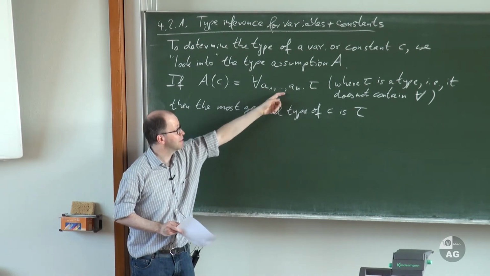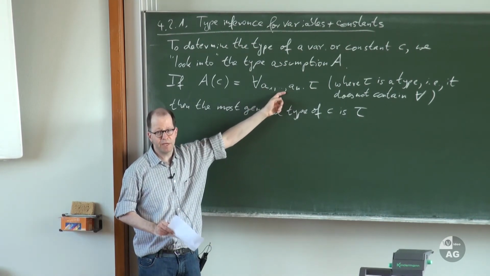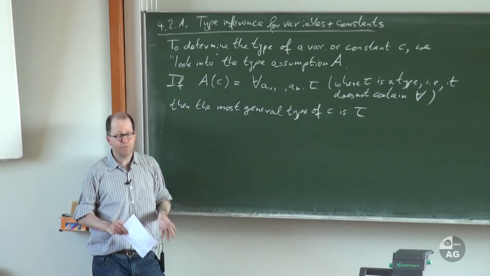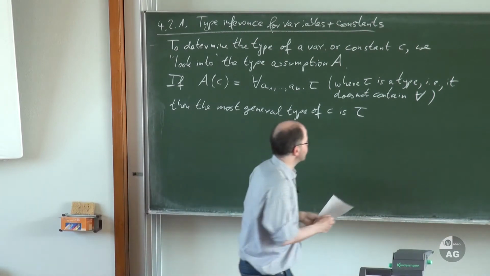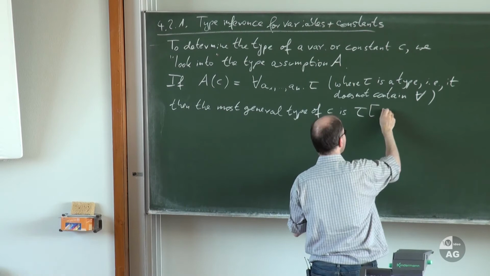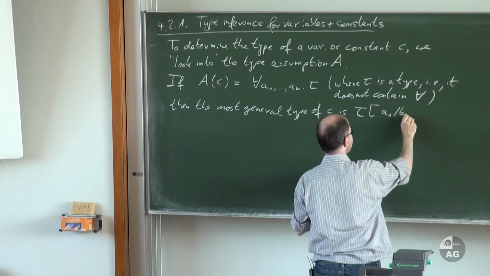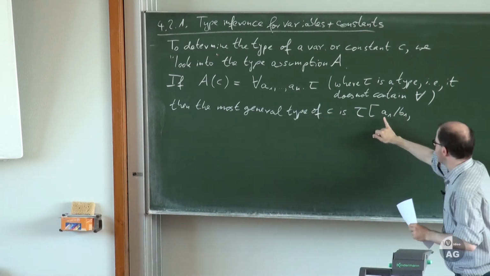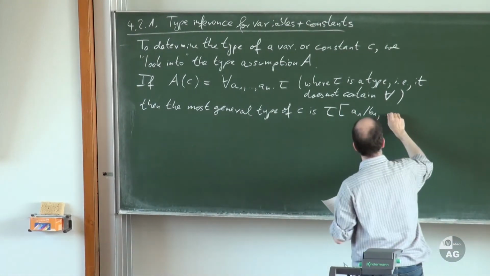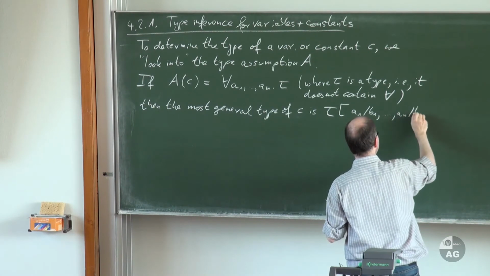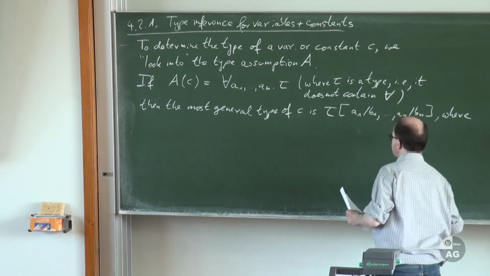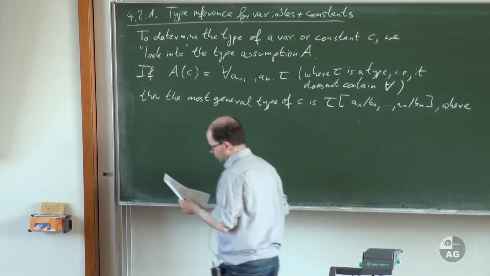So we rename these type variables to be on the safe side. We rename them to fresh type variables that we didn't use before to avoid any kind of name conflicts. So let's replace A1 by B1. This is again a substitution where the type variable A1 is replaced by B1 and AN is replaced by BN, where B1 to BN are fresh type variables that we didn't use before.